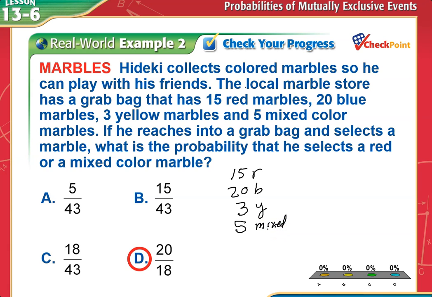It says if he reaches into a grab bag and selects a marble, what's the probability he selects a red or mixed? So we're going to find this by taking the probability of red and adding that to the probability of mixed.